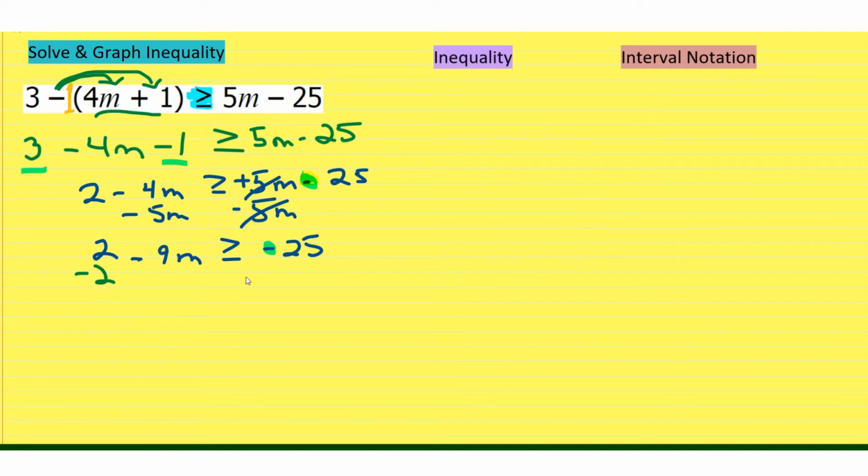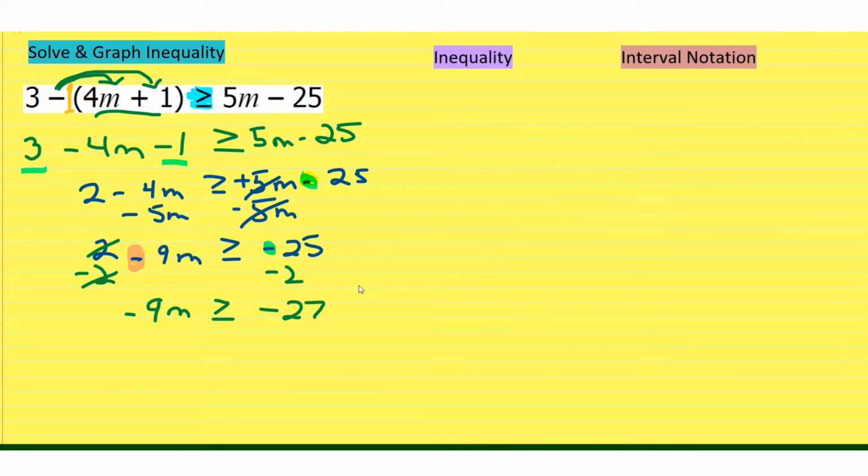So minus 2 on both sides. These two will cancel out. I still have a negative 9m. Just don't ever forget to bring down these negatives. When that negative is right there, it still is there. Just because the 2 is gone doesn't mean that the negative in front of the 9 is gone. So we've got negative 9m is greater than or equal to negative 27.